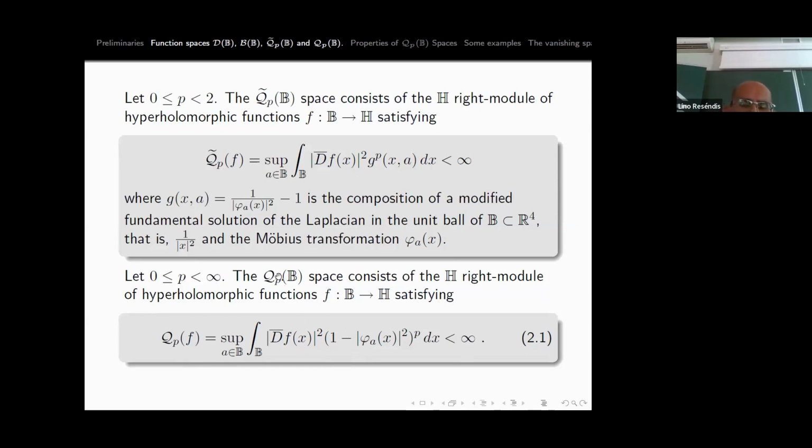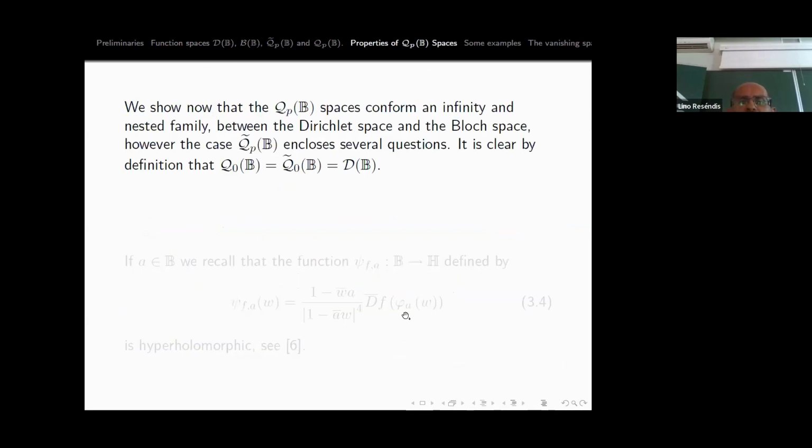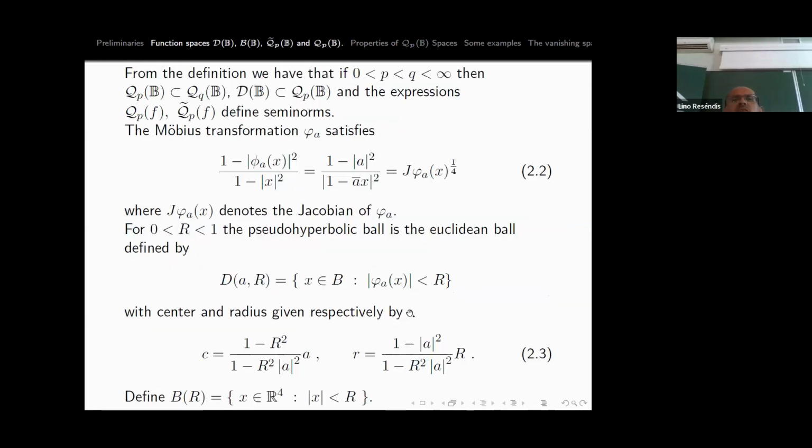Well, now here in the second definition, of course, it's possible to consider p between 0 and infinity. Now, some properties. It's possible to see very easily that if p is less than q, then we have these inclusions: the Q_p space is a subset of the Q_q space. Also, if we choose p equals 0, we can prove that the Dirichlet space is a subset of all Q_p spaces.